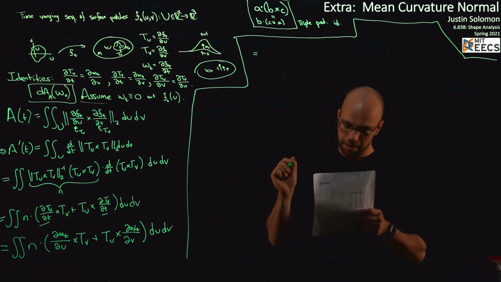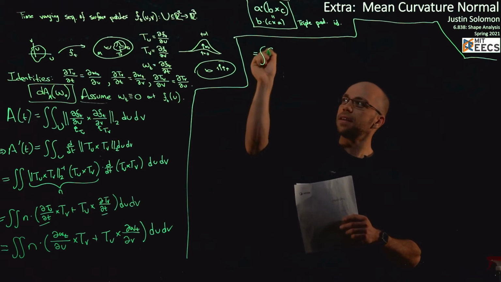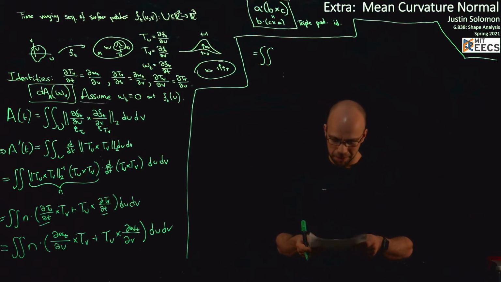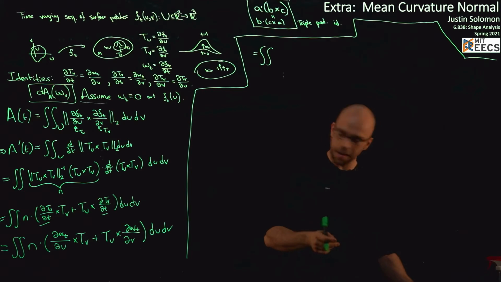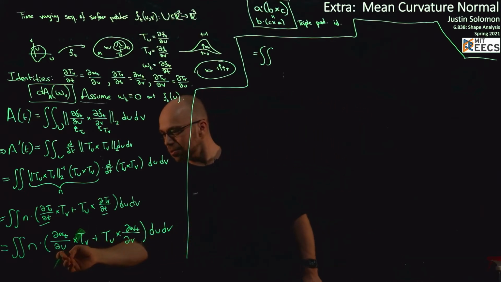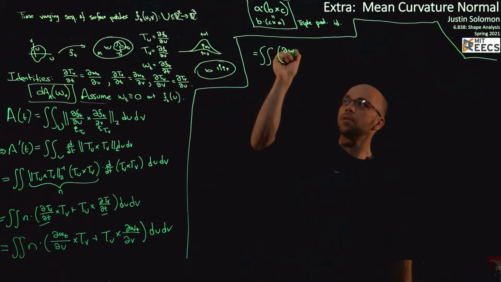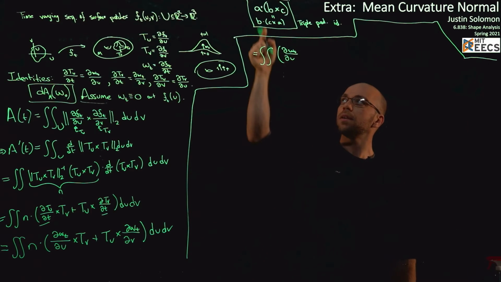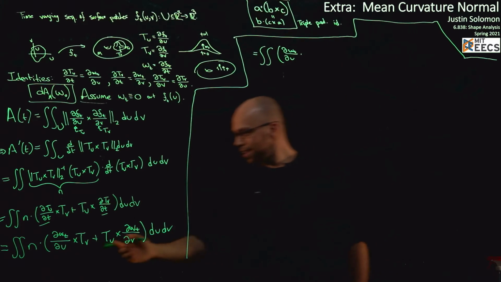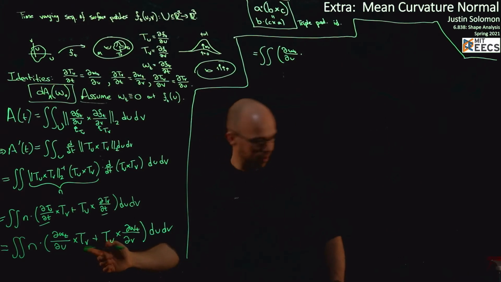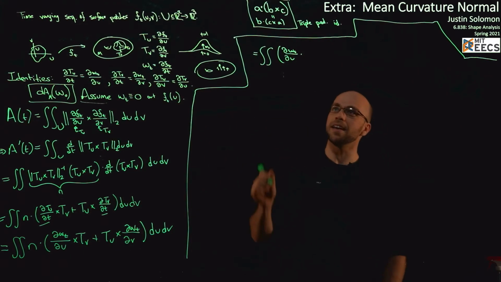Okay, so at the end of the day, what do I get? I get that this is equal to the double integral. And now I'm going to pull the dw/du to the outside. So I'll get dw/du dot product. I have to cyclically permute, so it's, let's see, t_v cross n.